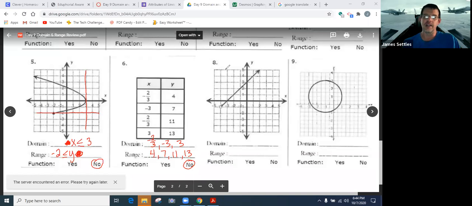All right. Number 8, is this a function? Well, if we draw vertical lines, yes, it's only touching once. So domain, got x less than. We crop this side, and you can see it's going through an open circle. So remember that at -4 on the x-axis, so -4, and then open circle means no equal to bar.